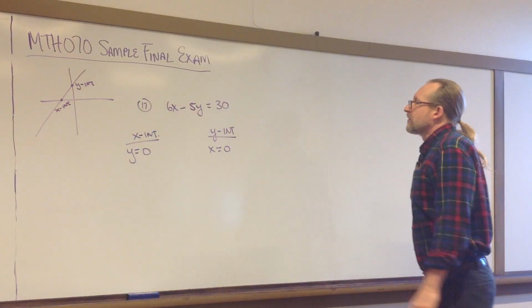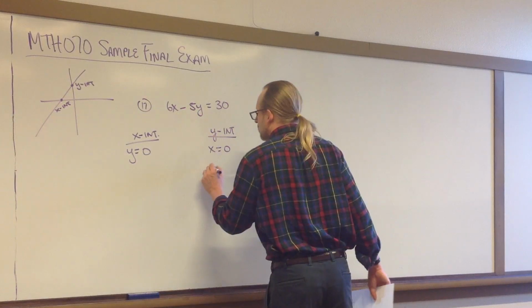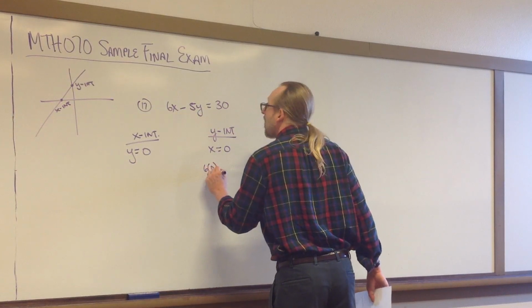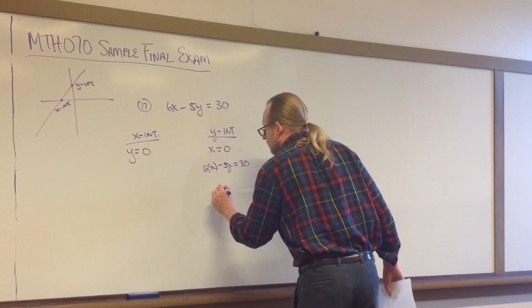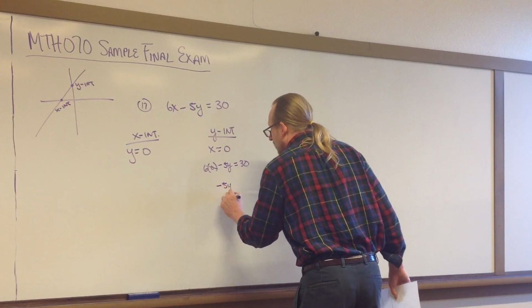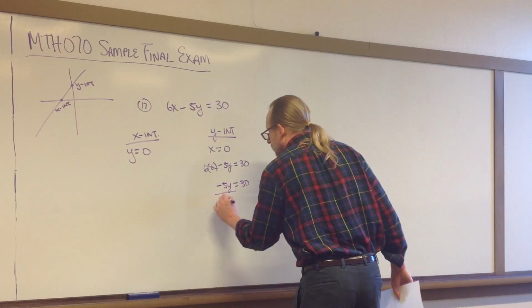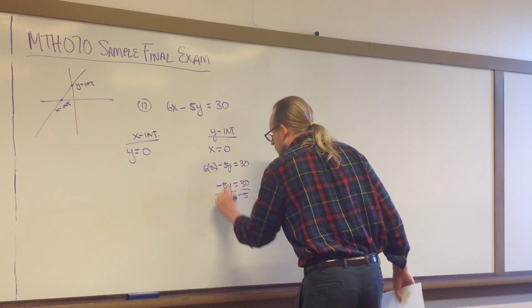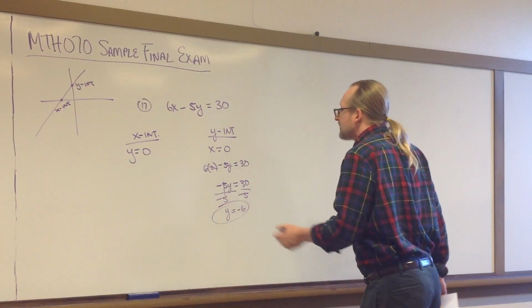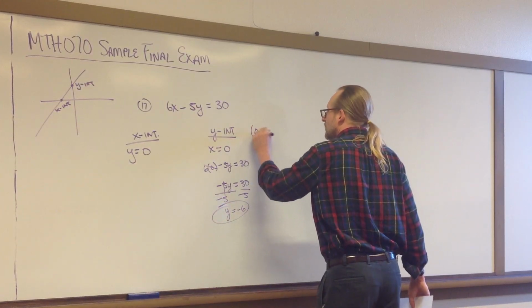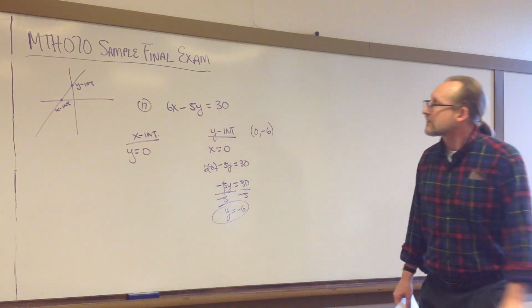All right, so for the y-intercept, make x equal to 0. So that cancels, that's just going to be 0. So we're going to have negative 5y equals 30. Divide on both sides by negative 5. Y equals negative 6. It's best to answer this question as an ordered pair. 0, negative 6.